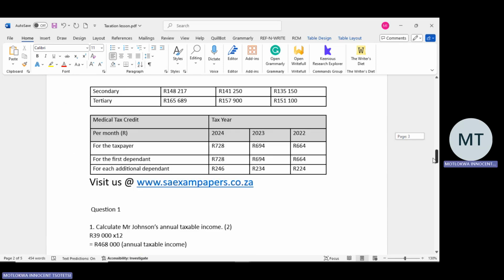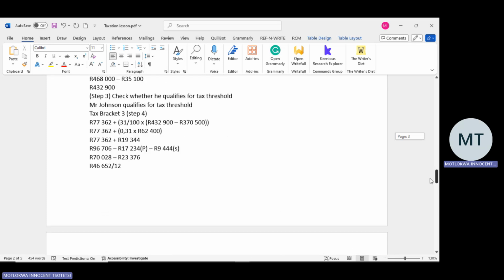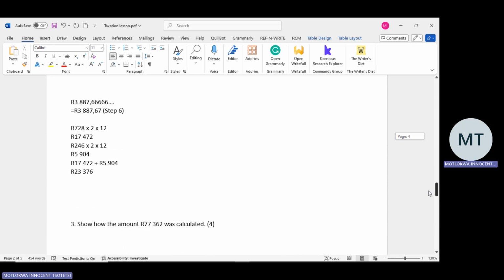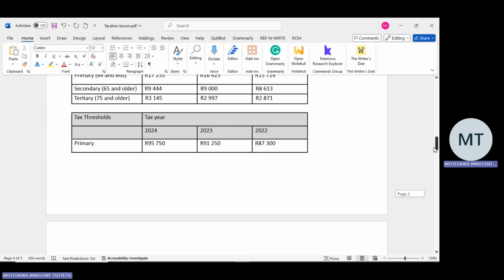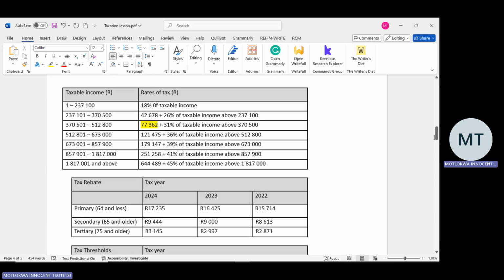So now we are going to do the calculations and see how to find the 77,362. What I can advise you here, guys, is that for this 77,362, they will place an alphabet. You won't be able to see which amount it actually is.